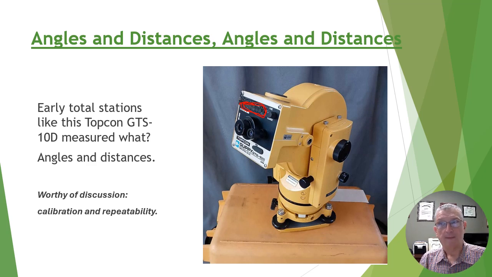So that's how a lot of modern measurements are done, by measuring wavelengths and then dividing time by the rate of travel, or the known constant, the speed of light. So this is how surveyors have embraced technology advancements over the last, say, 50 years. Calibration and repeatability.